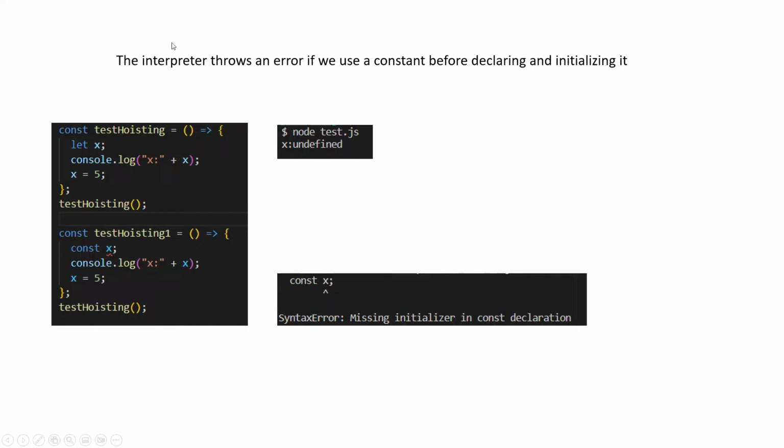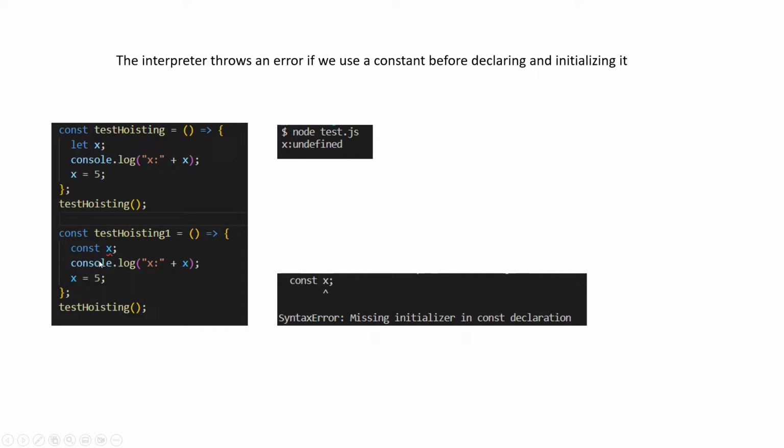The interpreter throws an error if we use a constant before declaring and initializing it. A comparison between let and constant: we know that let we can reassign the value, constant we cannot. But here, if you try to declare it, then log it, and then initialize it, the only thing that happens is that it is logging undefined because it has not been initialized at the time we are logging.